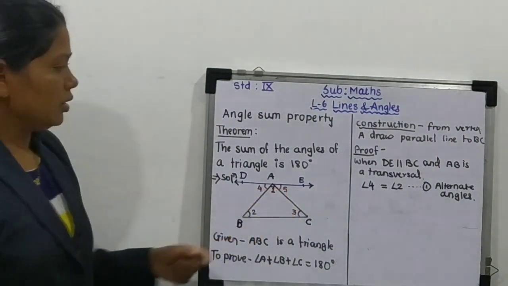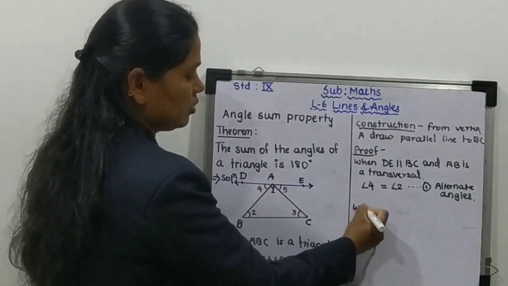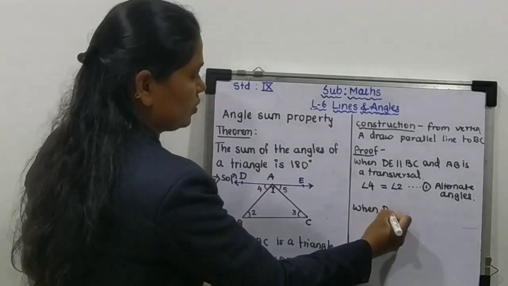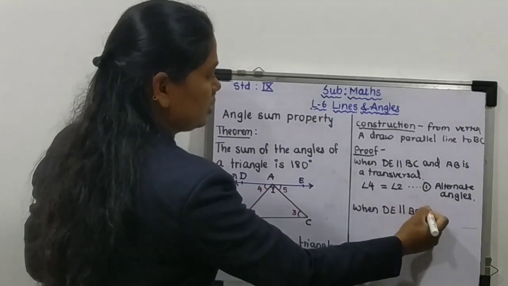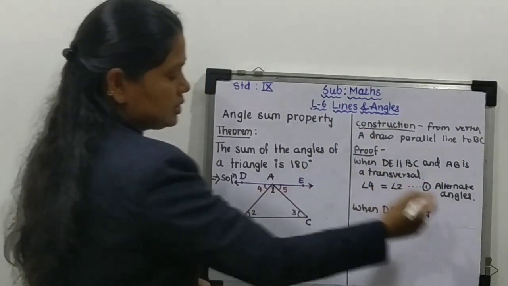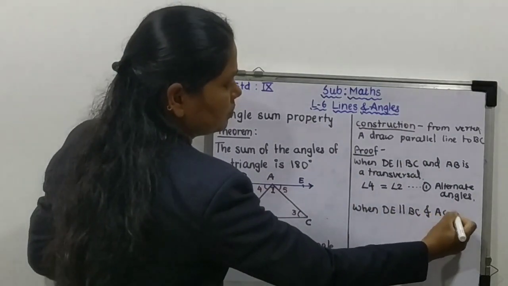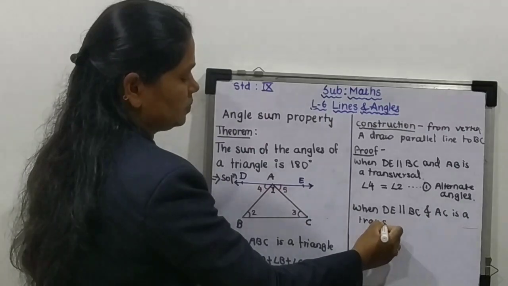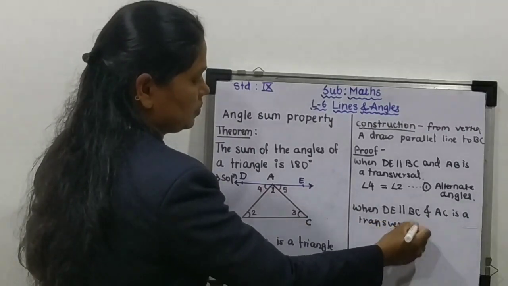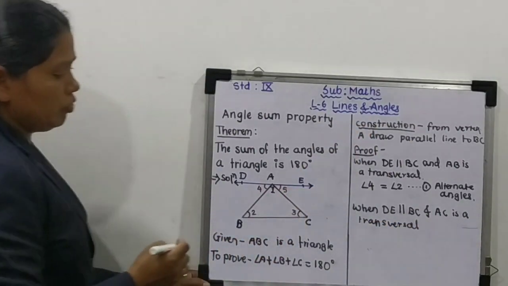Similarly, here what do we have? When DE is parallel to BC and AC is a transversal, then what do we have?